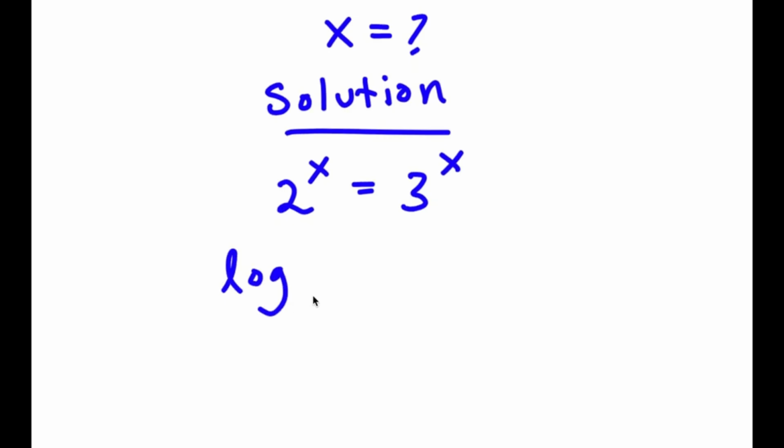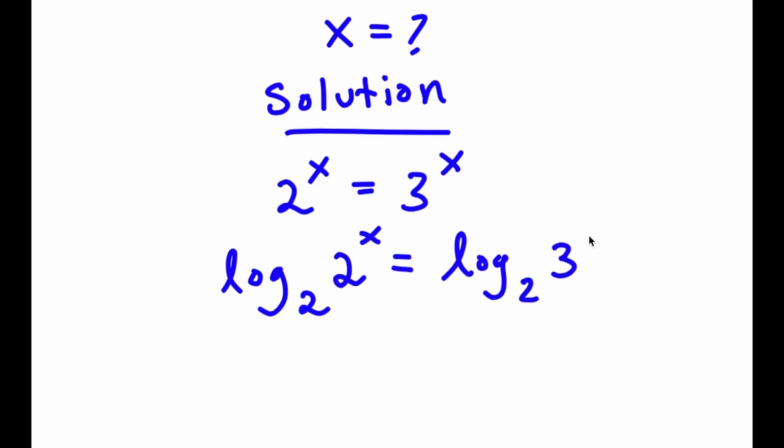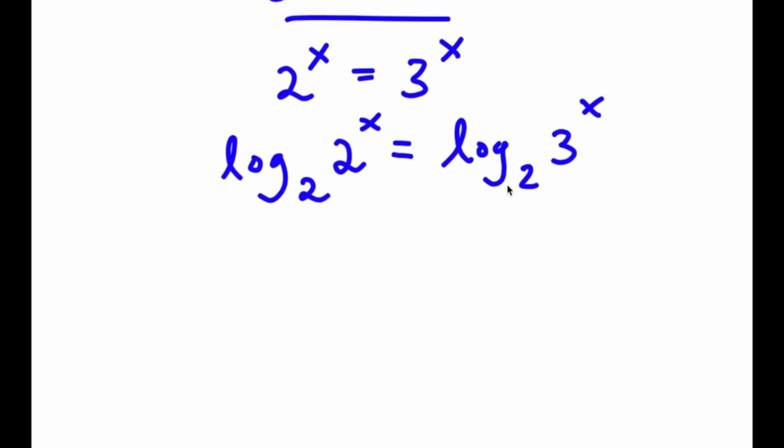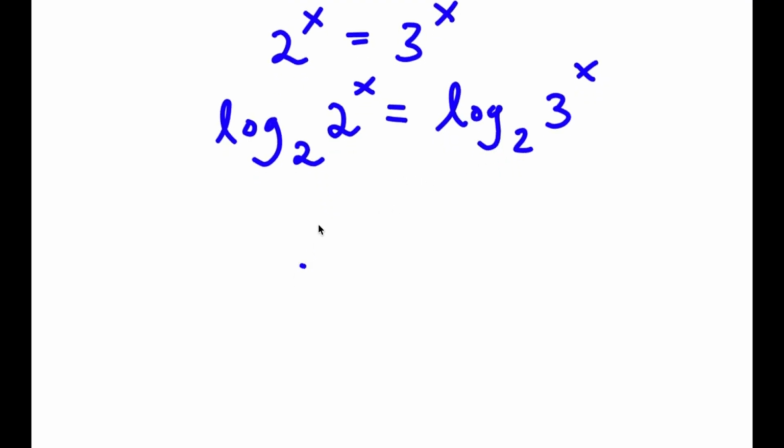So now I have log base 2 of 2 to the power of x is equal to log base 2 of 3 to the power of x. Now, if I have something in the form log base a of a, this is simply equal to 1.